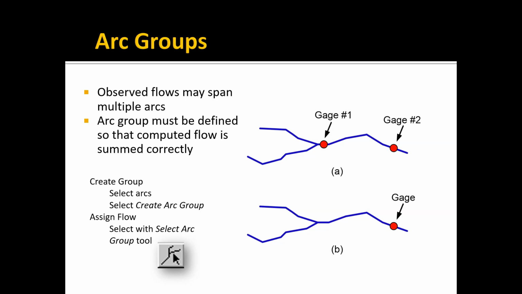If you select the individual arcs and then select the Create Arc Group command in the Feature Objects menu, it creates a new entity called an arc group. And then there's a Select Arc Group tool that you can use to double-click on that group and assign properties directly to the group as if it were a single arc. So that's how you handle cases like that.